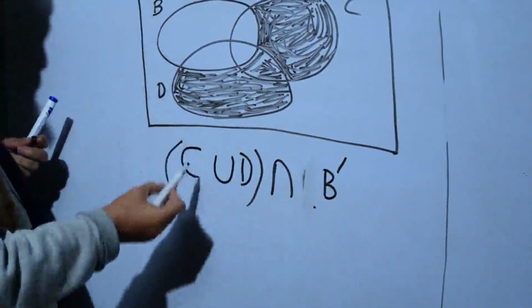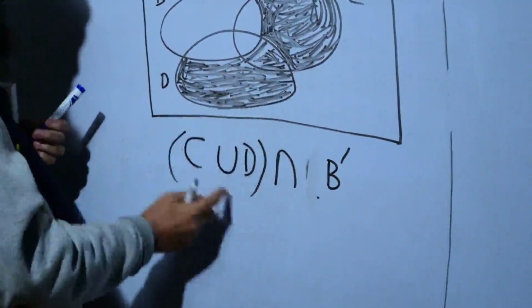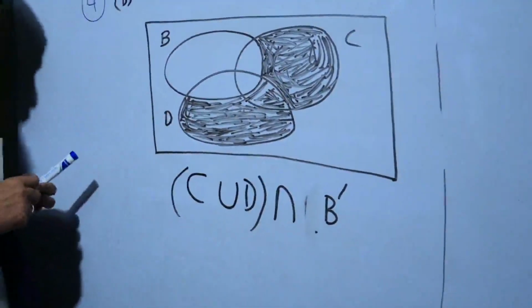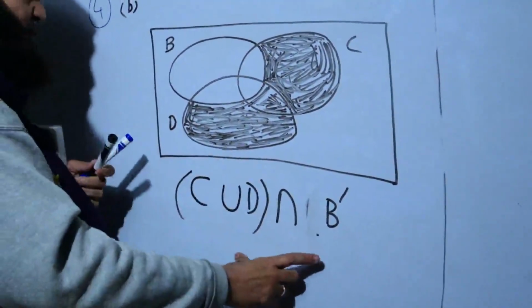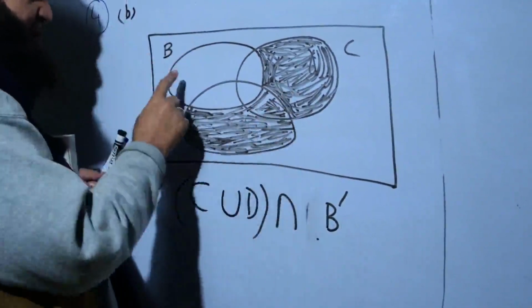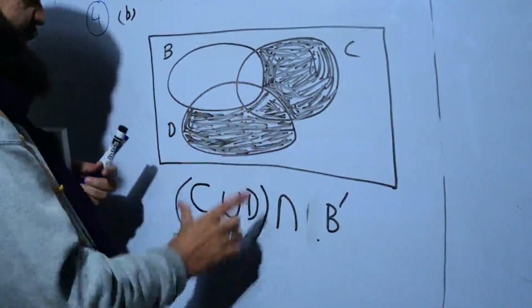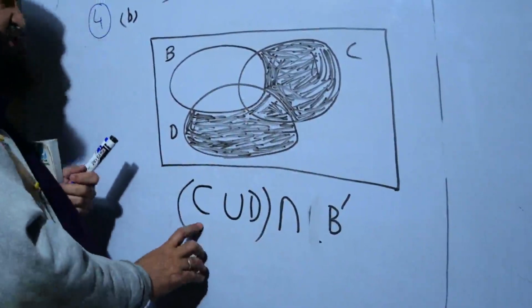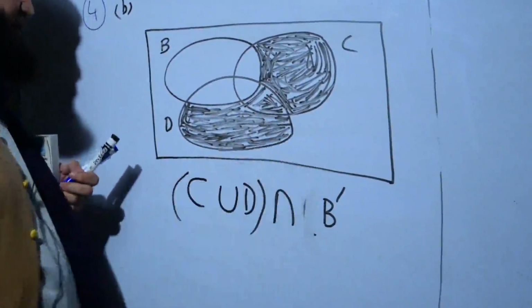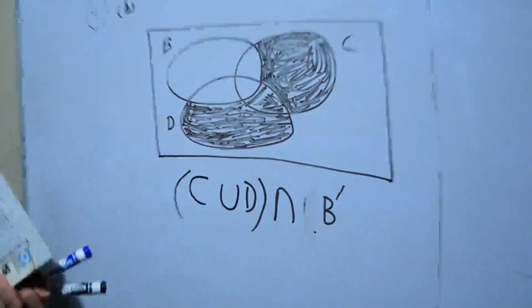So it will be C union D intersection B complement. Those elements which fulfill both conditions are present in C union D and they are not present in B. So the shaded region is represented by C union D intersection B complement, and that completes our question.